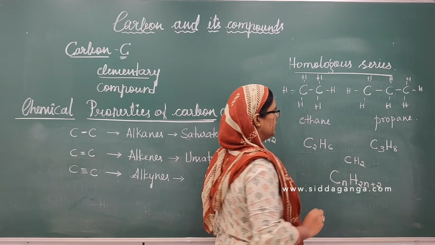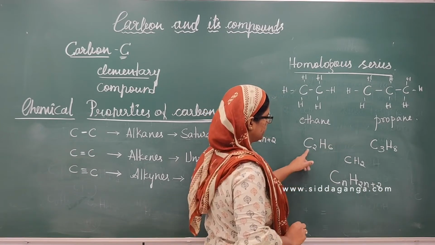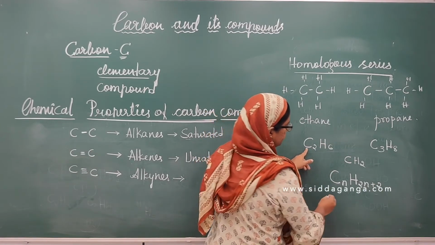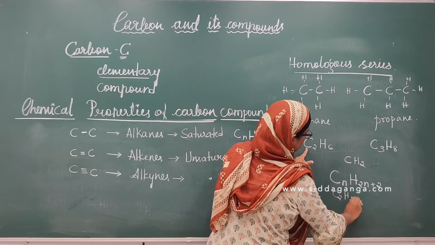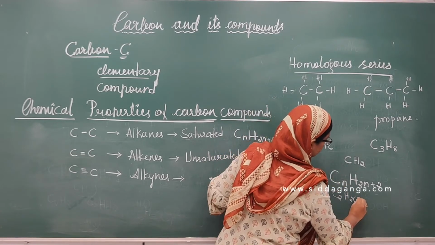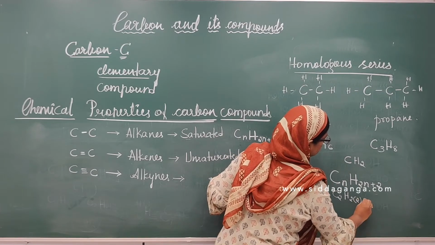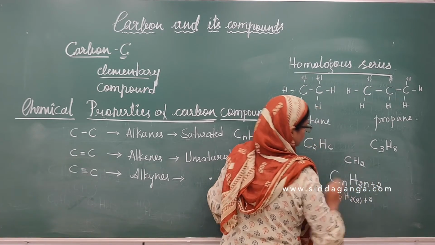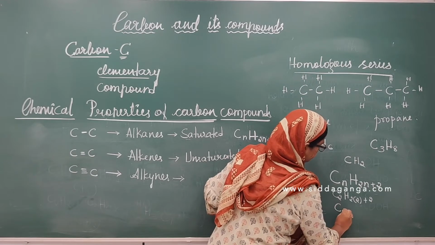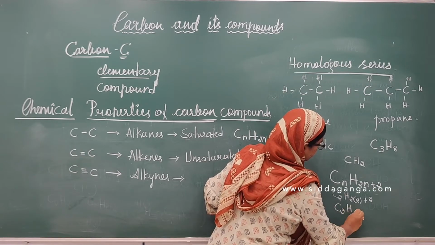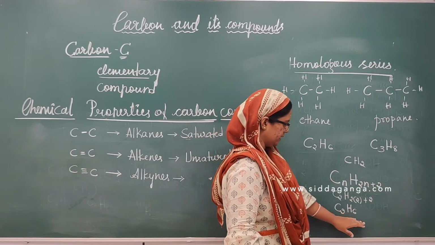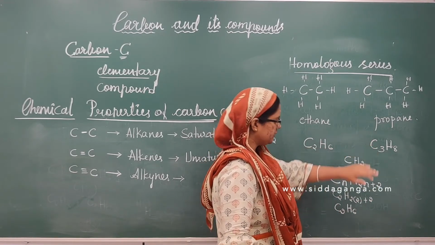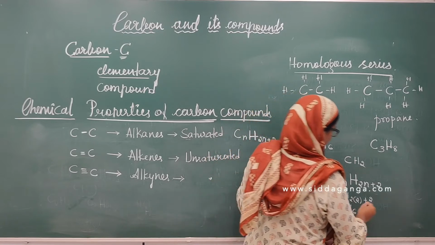Let's verify with this CnH2n+2. It becomes C2H2 into N, the number of carbon atoms, that is 2, plus 2. What will the formula be? C2H6, 2 into 2 is 4 plus 2.